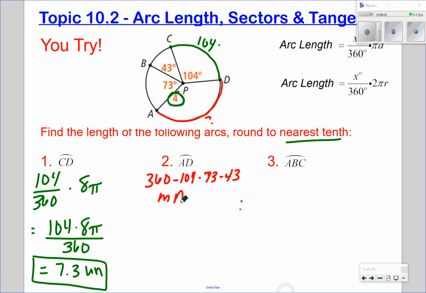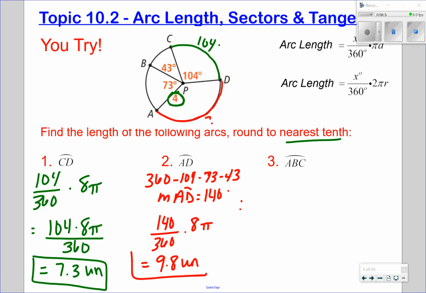So the measure of arc AD would be 140. Once you do that, now we can do 140 over 360 times our circumference of 8 pi, and if you put that into your calculator, you get 9.8 units.